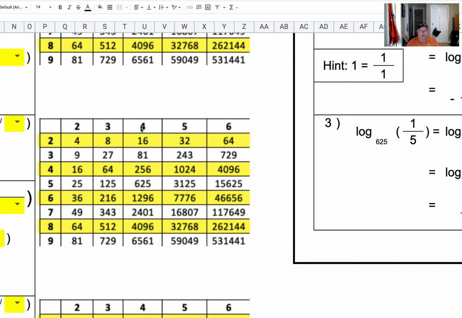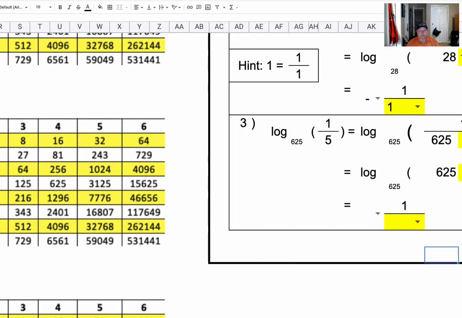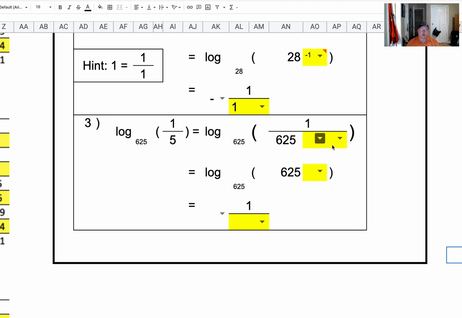Well, I have to take the fourth root, which is, what exponent is fourth root? 1/4. So I've got the 1/4 exponent. So 625 to the positive 1 divided by 4.